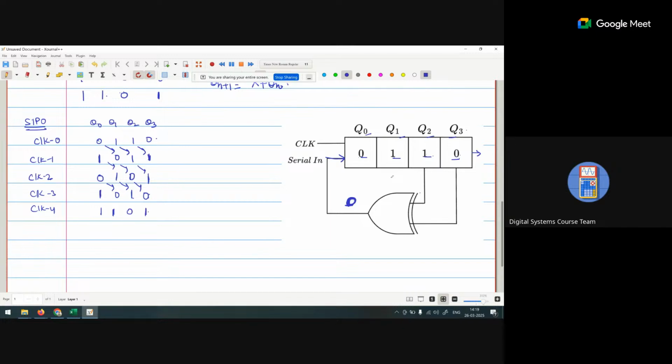Now 1, 1, okay, 1, 1, 1, 0, 1, so 1 is here, and next data will be shifted: 1, 1, and 0. Clock 6, XORing of 1, 0 is 1, and remaining data will be shifted.